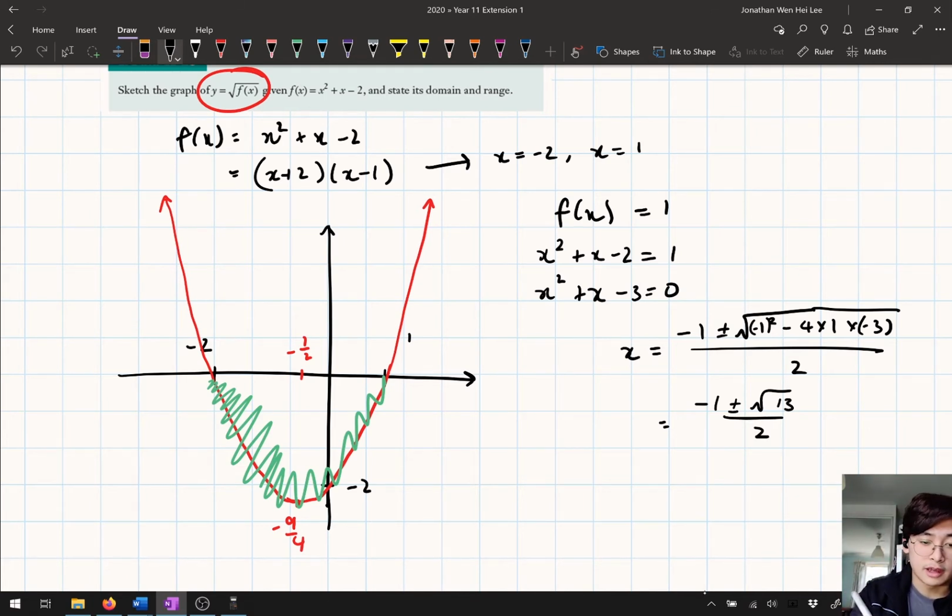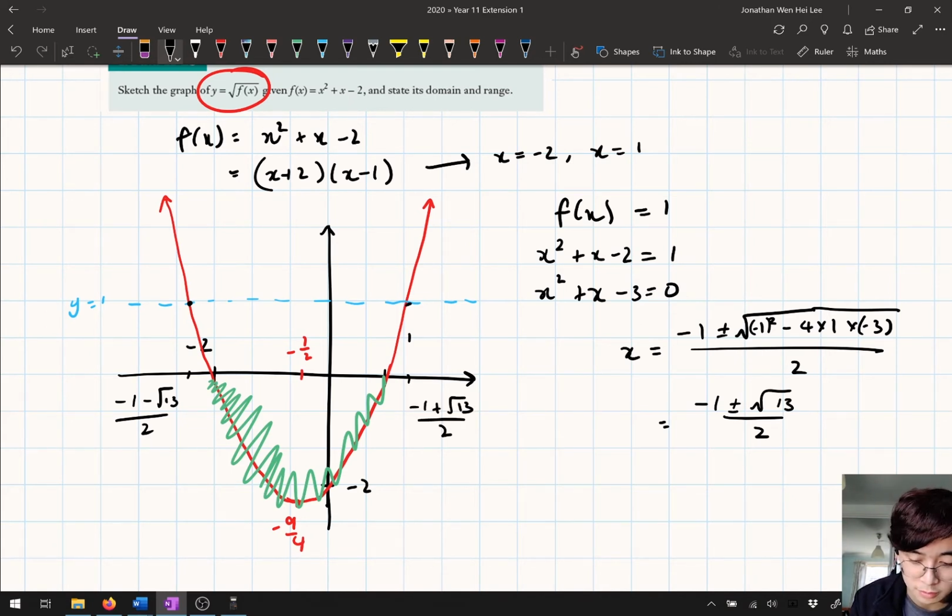Okay, so if I was to put this on my graph, this is y is equal to 1. And I have 2 intercepts at those points. So this one here is negative 1 minus square root 13 on 2. And the other one over here is negative 1 plus square root 13 on 2. Okay, so I've got my 2 points where my graph touches y is equal to 1.